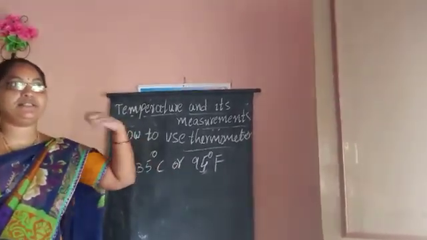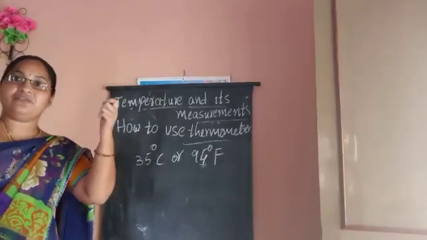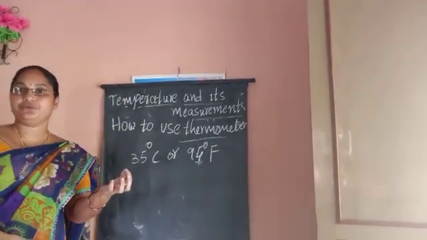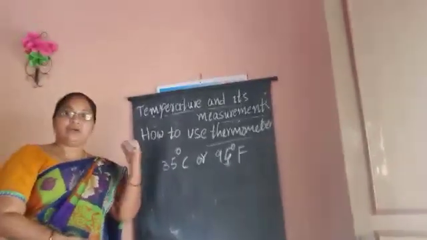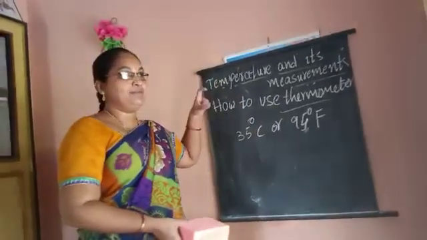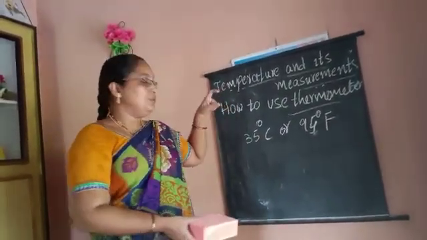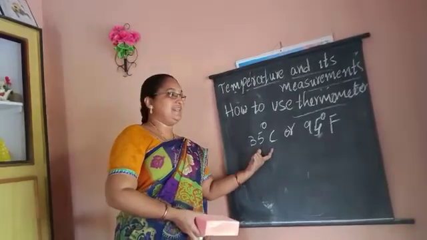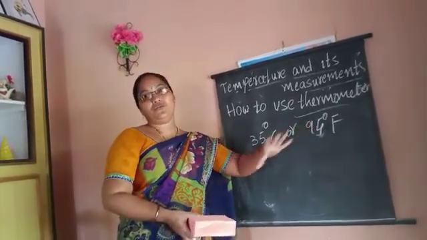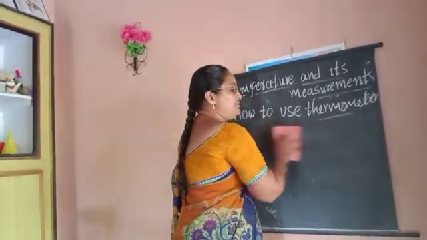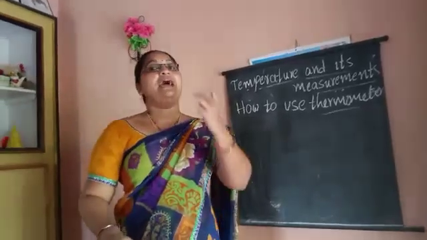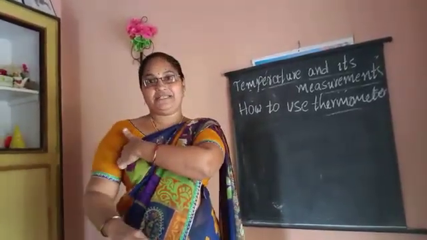Why will they give the jerks? Mercury will not fall on its own due to the kink. If you give the jerks, the mercury level in the capillary tube will come below 35 degrees Celsius or 95 degrees Fahrenheit. After that they will place the bulb of the thermometer under the tongue or armpit.